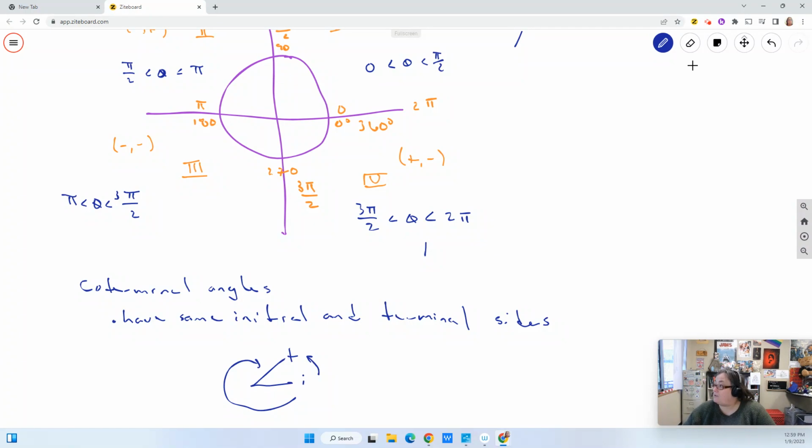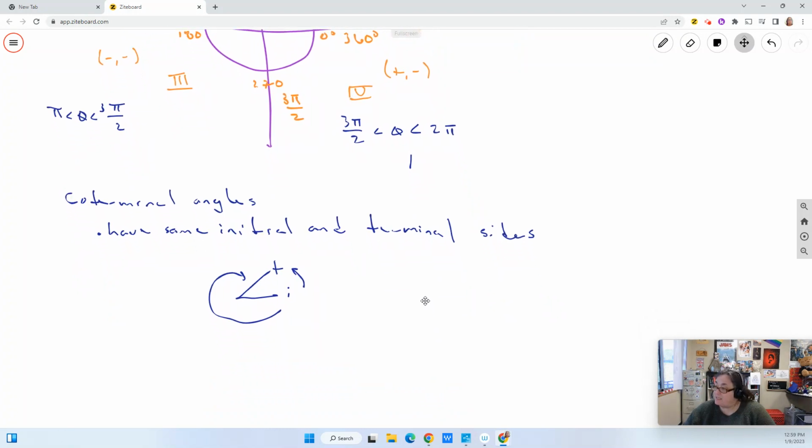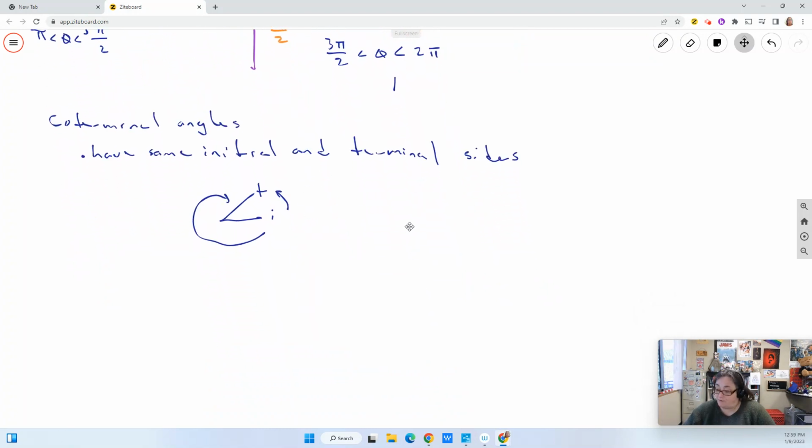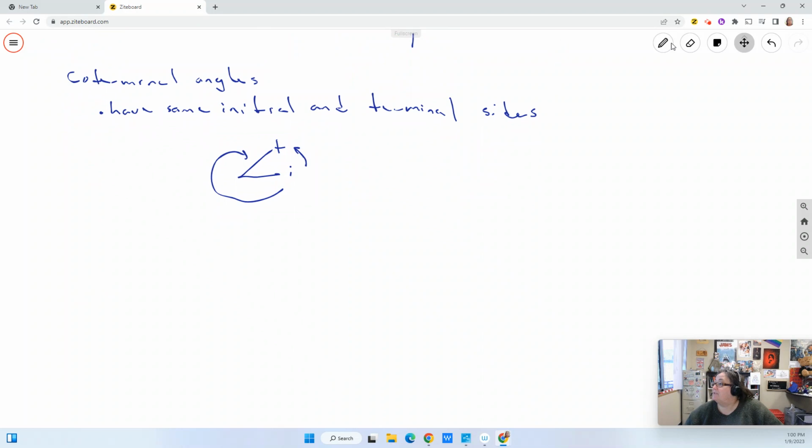So what does that mean for you guys? It means that if I have a positive angle, say I have 13 pi over 6.